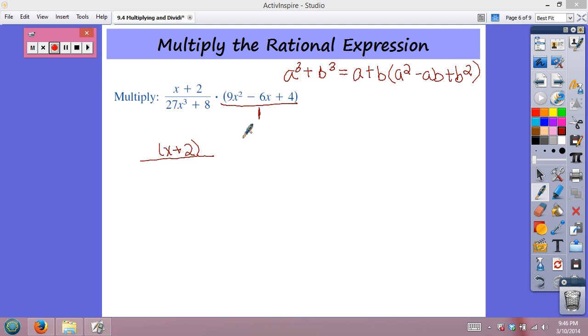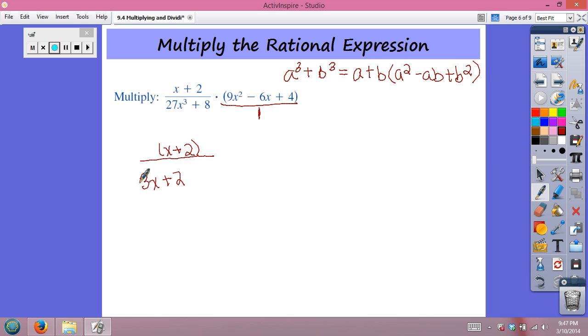So if we remember the formula from above, if we have a cubed plus b cubed, we have the cube root of 27 is 3, cube root of x cubed is x, plus 2 times 3 squared is 9, x squared minus a times b, which is 6x, plus b squared, which is 4.